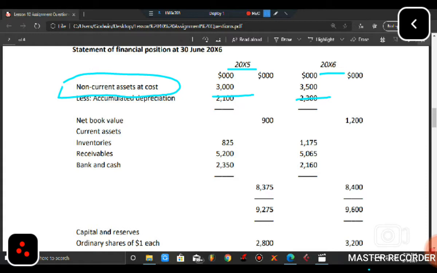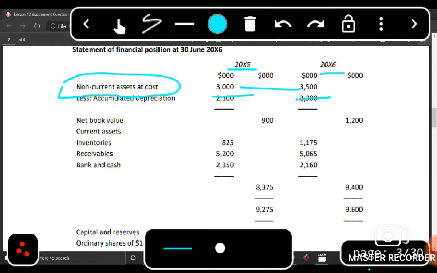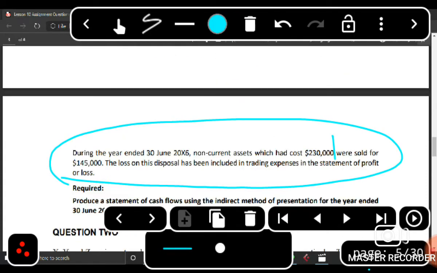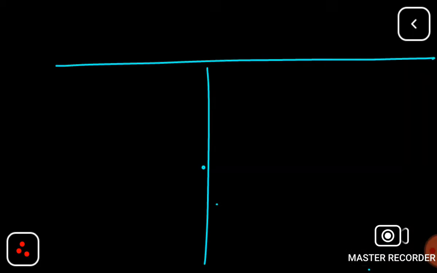So because there's an increase here, in as much as we sold a non-current asset, the other name for non-current asset is fixed asset. So there's a fixed asset that we actually bought, but then we cannot just find the difference and say this is the asset that we bought. We have to calculate. So you have to make a non-current asset account.